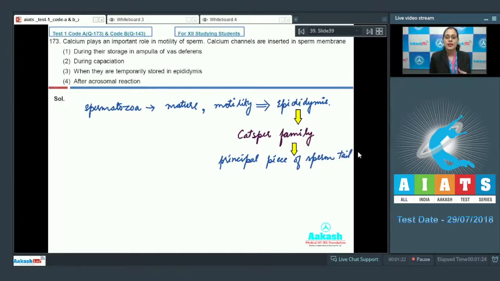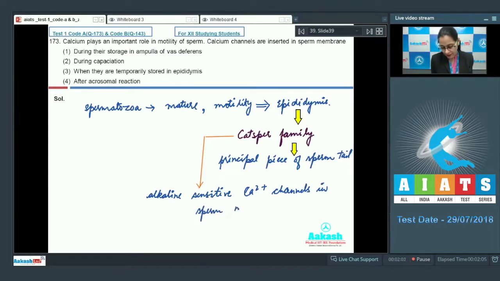This CatSper forms alkali-sensitive calcium channels that become more active when the sperm go from the acidic vagina to the cervical mucus, which has an alkaline pH. So, this CatSper family will insert or will form alkaline-sensitive calcium channels in sperm membrane.